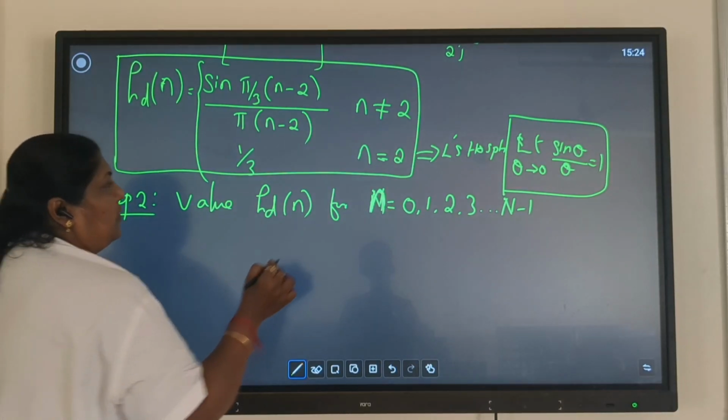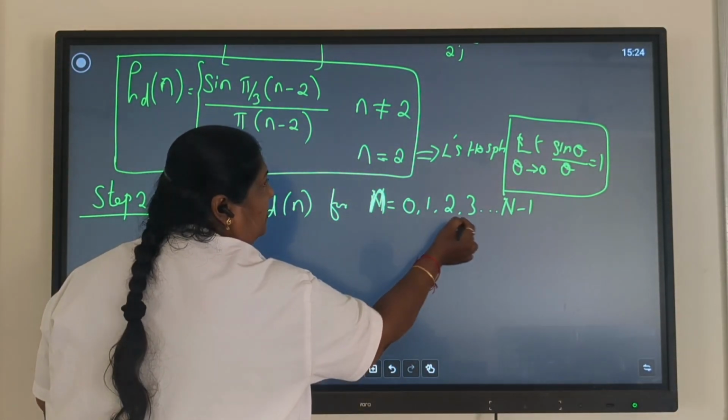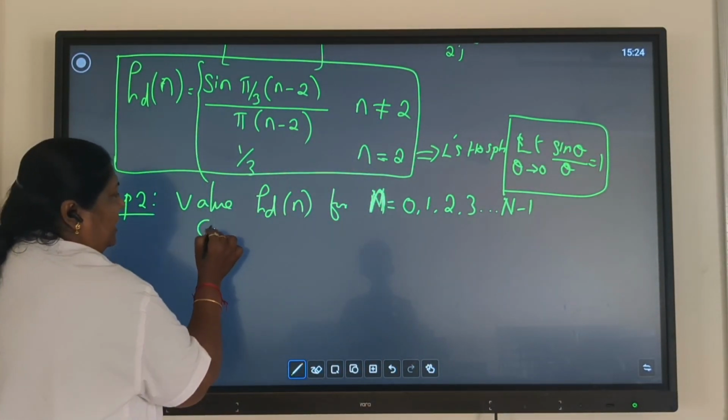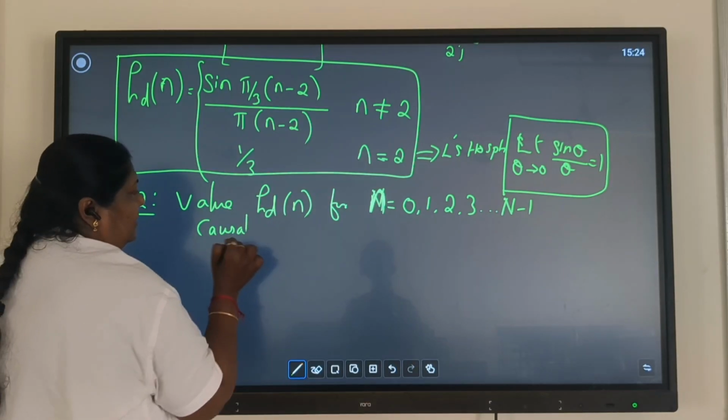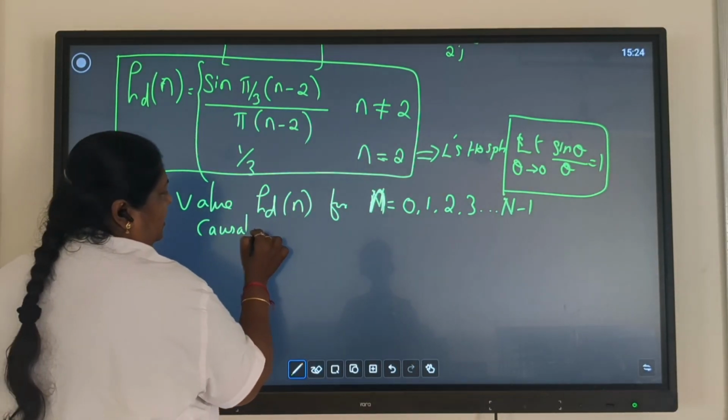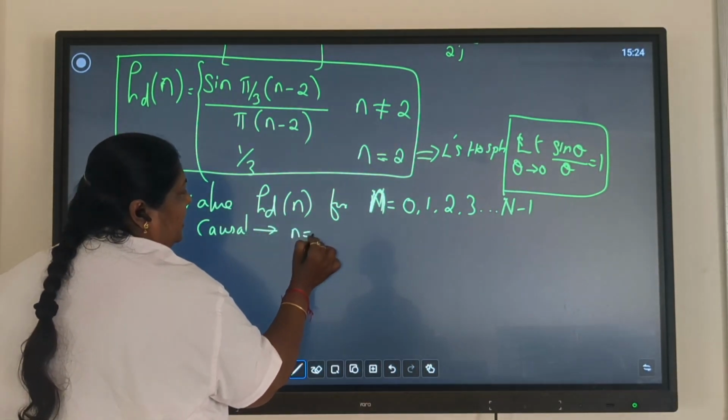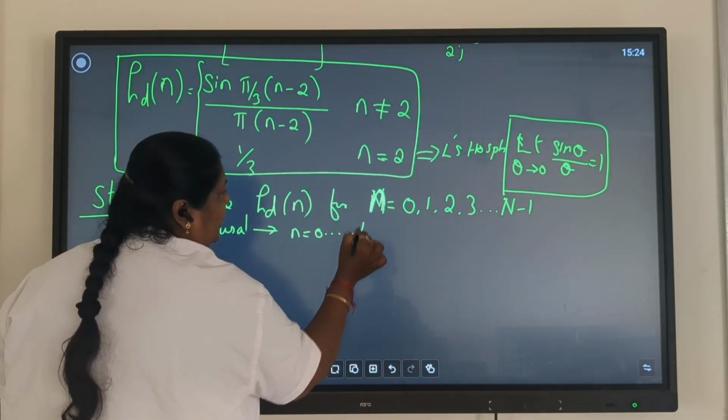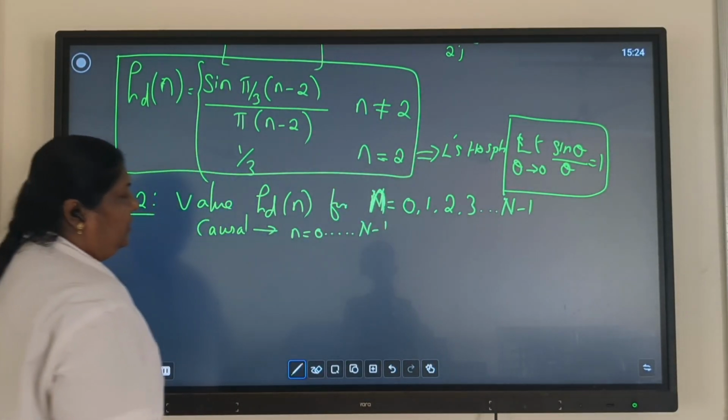Why are we taking 0, 1, 2, 3, etc.? Because this is a Gaussian filter. Given specification is a Gaussian. So your small n will vary from 0 till capital N minus 1.